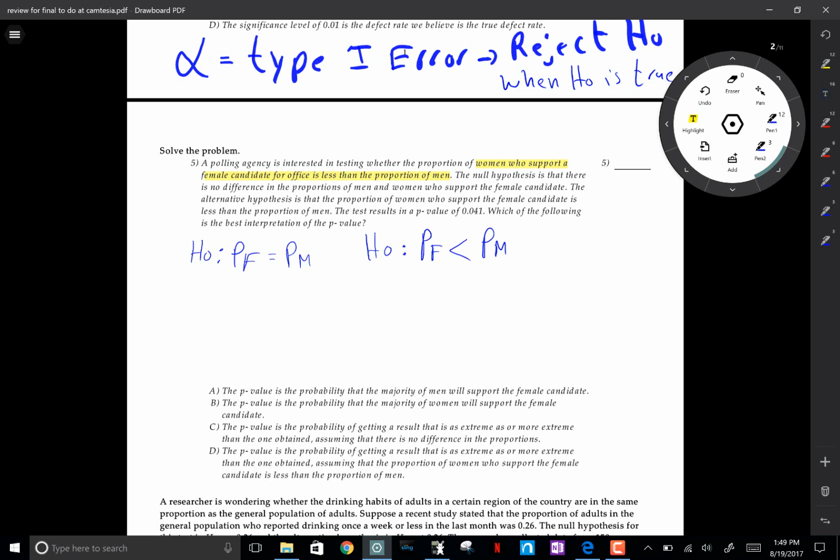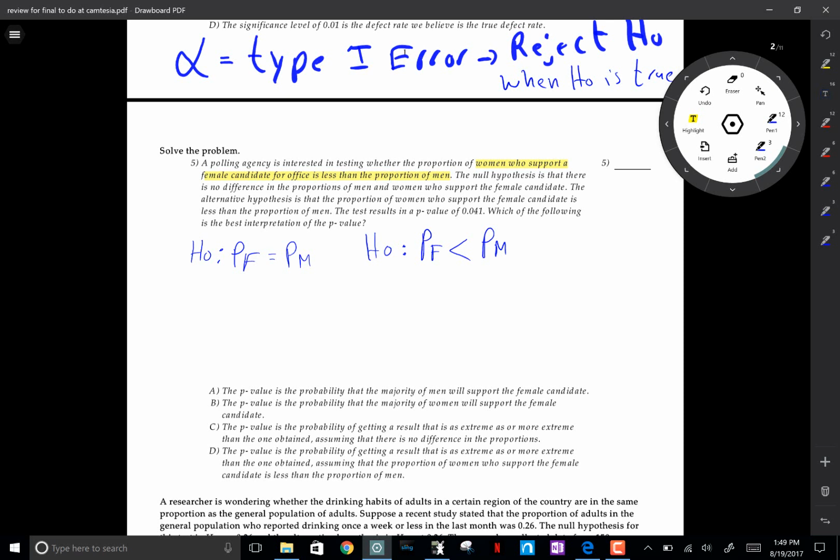So that's not necessarily what the p-value is saying, because remember, the p-value is saying that we're getting an extreme value or more extreme. So A is not really telling us anything of that. B is saying the p-value is the probability that the majority of women will support the female candidate. So once again, it's exactly like A, just different. Instead of saying men, they're saying the majority of women will support the female candidate.